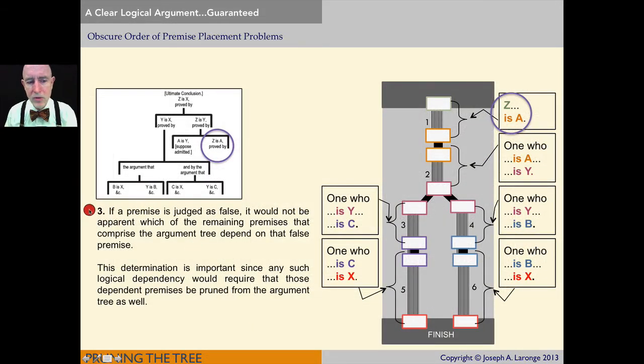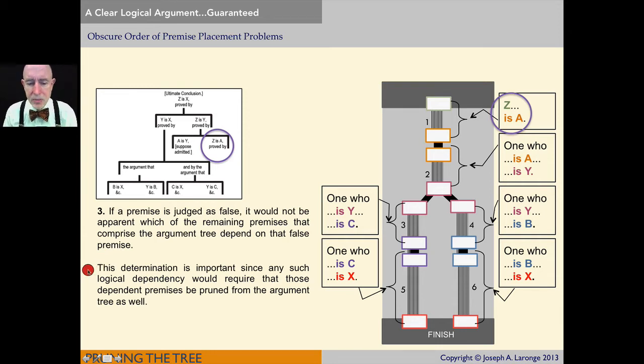Okay, so number 3. We're talking about some of the problems that happen with the obscure order of premise placement in the typical tree-like argument mapping that's done. Number 3: if a premise is judged as false, it would not be apparent which of the remaining premises that comprise the argument tree depend on that false premise.